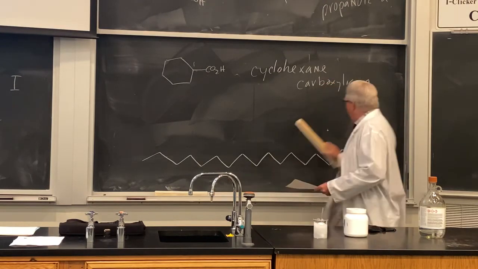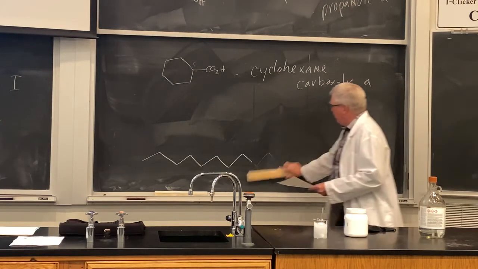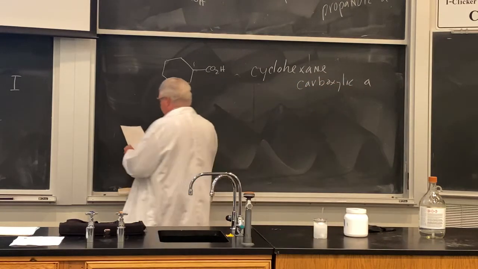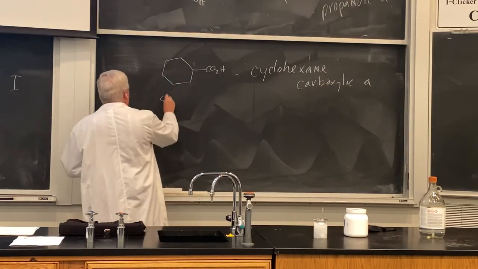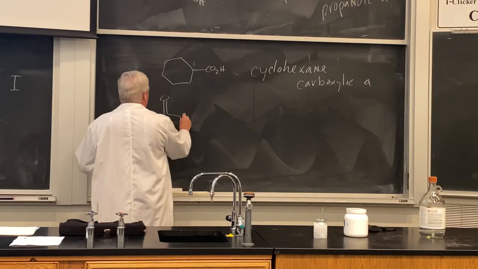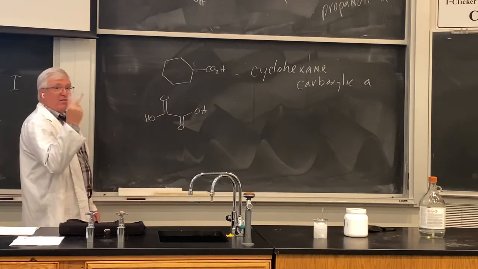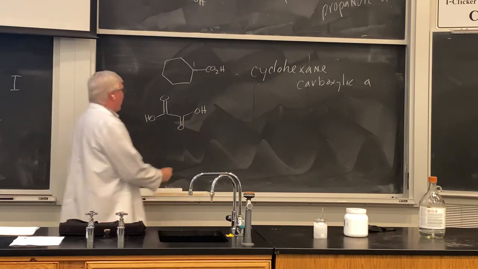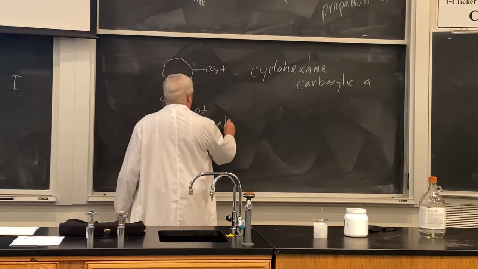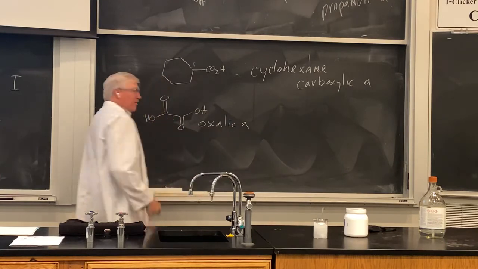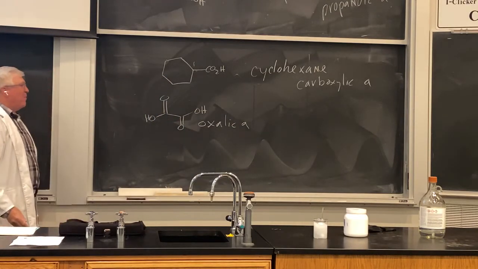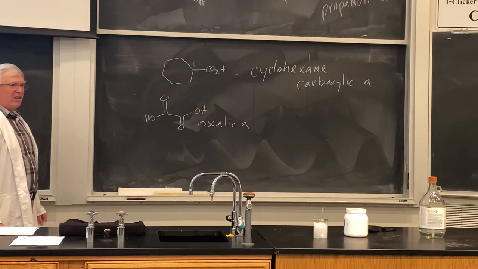Let's look at the dicarboxylic acids now. And these, like I said, are important for biology and metabolism. You can have this one, which has 2 carboxylic acids and only 2 carbons. This is oxalic acid. Okay. Oxalic acid is accepted by the IUPAC for the name of that, oxalic acid.